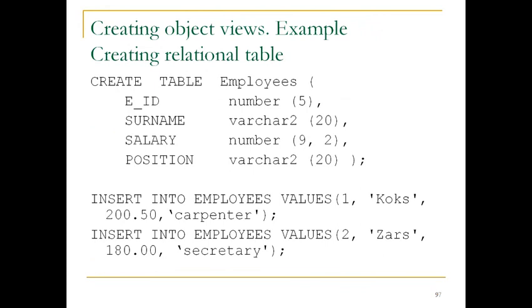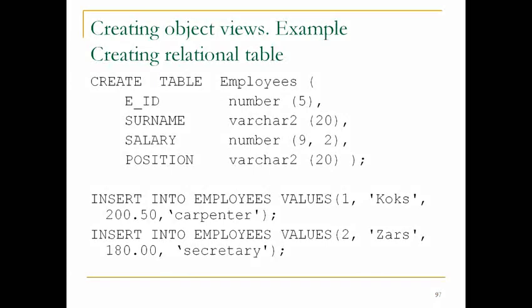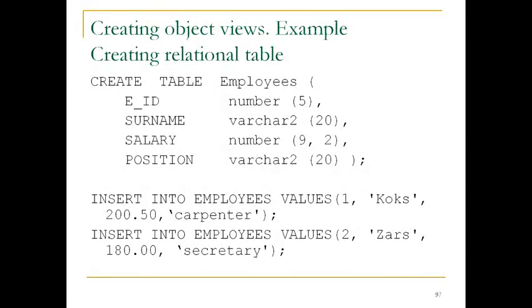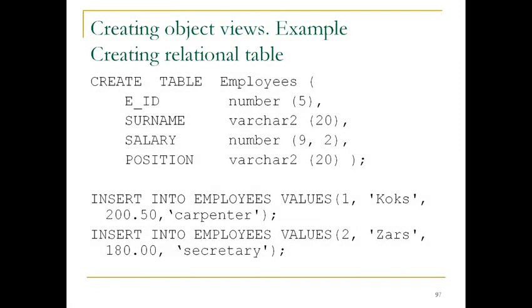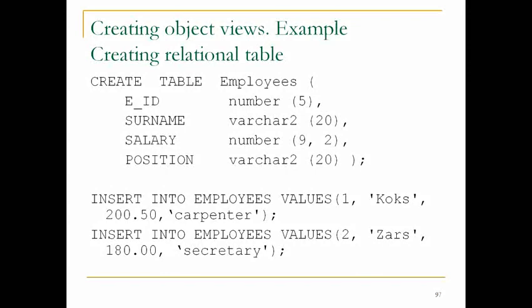How does it look? For example, if we have a table employees with some fields: employee ID, surname, salary, position, and then we insert some very simple values. Works will be a carpenter, and Zars will be a secretary.